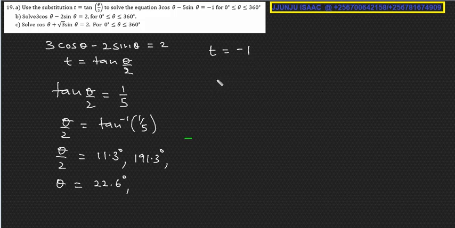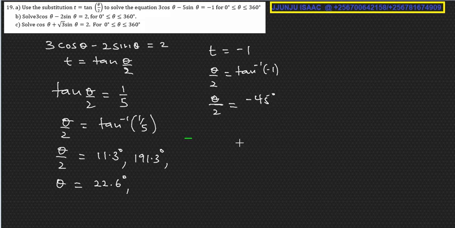It means that theta by 2 will be equal to the tan inverse of negative 1. So theta by 2 will give us negative 45.